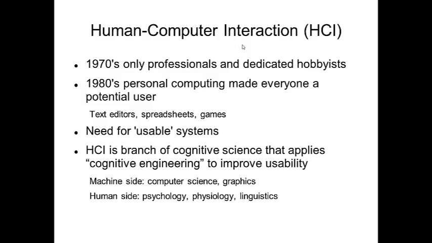Now, it's a big problem how we make things usable. In the 1970s, and we're going to go back in time a bit, the only people who used computers were professionals in white coats, with large mainframe computers, and a few dedicated hobbyists.